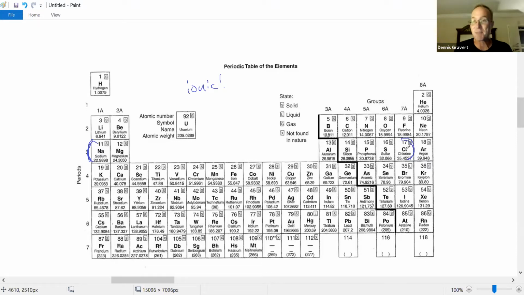Chlorine is a non-metal, and the non-metals tend to gain electrons. That sounds like the GER part of LEO says GER: gain of electrons is reduction. Chlorine wants one more electron to be like argon. Remember, the noble gases are in the last column. They're called noble, majestic, royal, whatever.